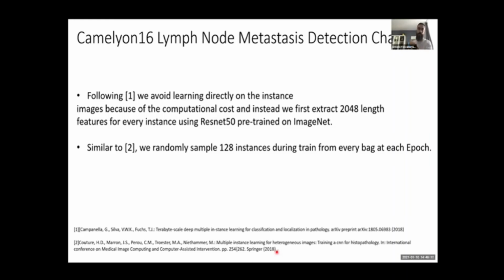So if you're taking 128 patches or tiles from the whole slide, when there are 1,000 or several thousands of them, are you also controlling that you're keeping at least one of the tiles which is positively labeled, or are you assuming that by sampling 128 several times, you will still overall get enough training signal?